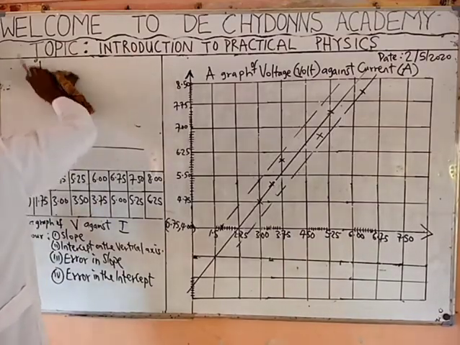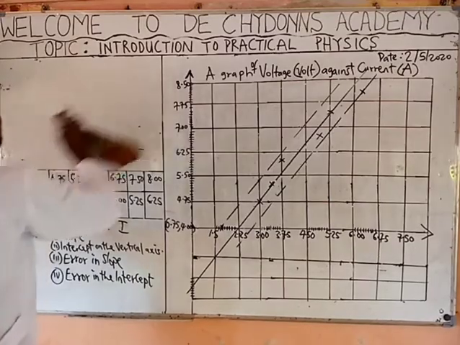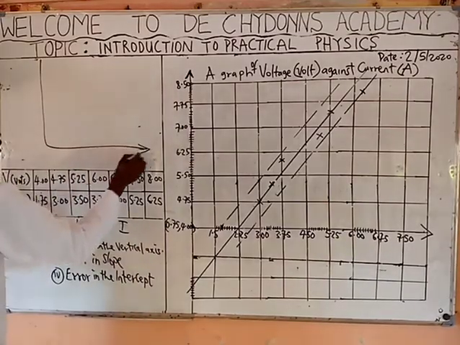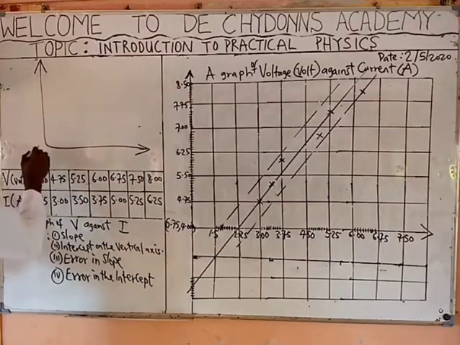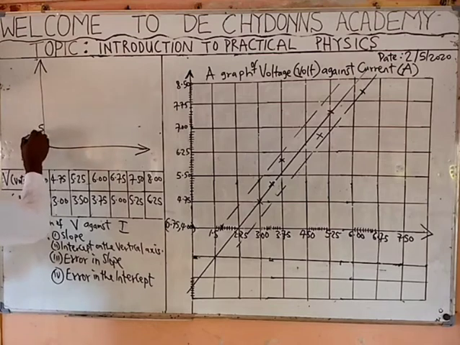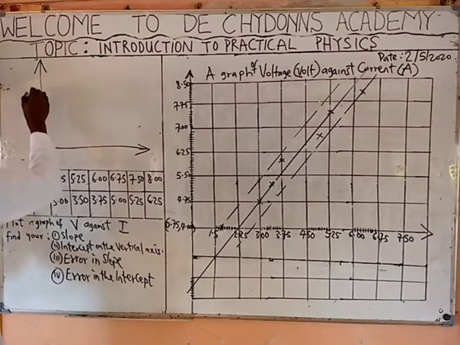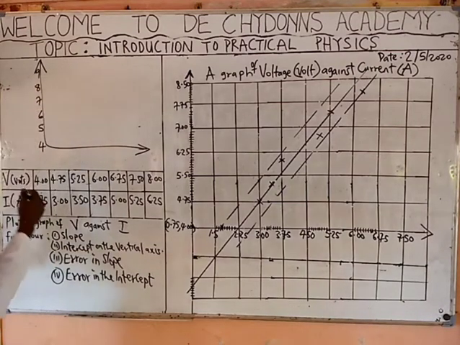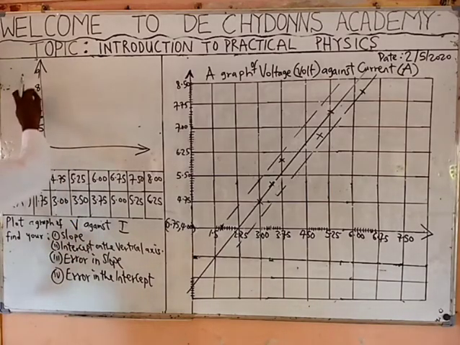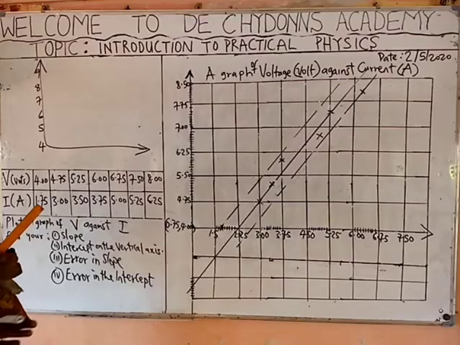To avoid having a bad graph, after putting your arrows, start from 4, because here is 4, 5, 6, 7, 8, 9. That can be a good scale, because the difference between each of them is 1. Okay?